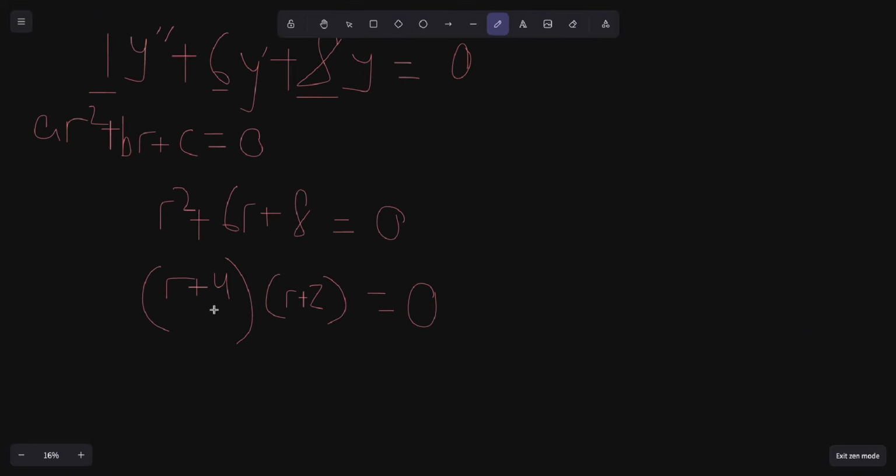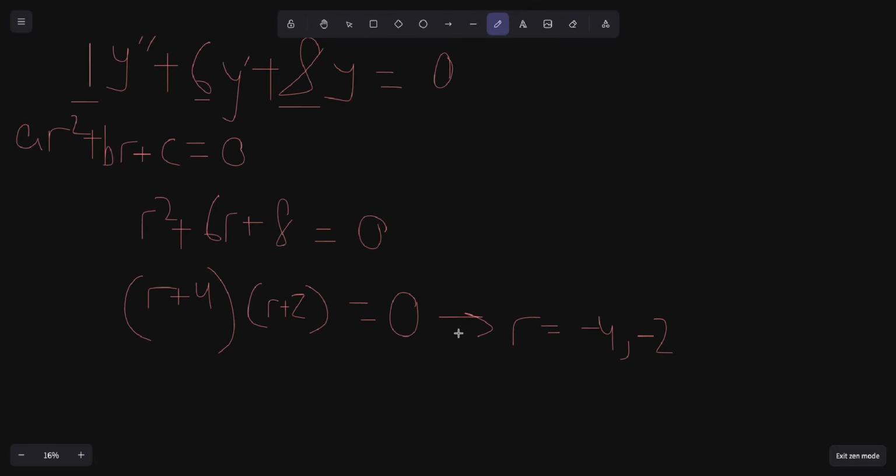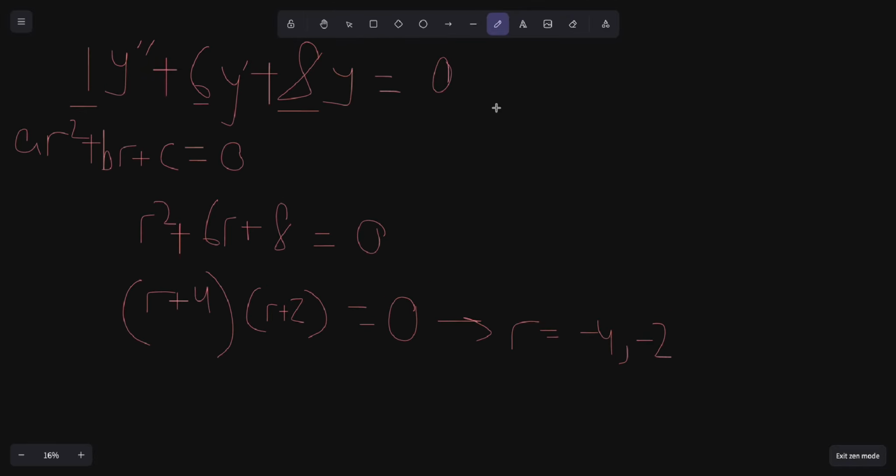And so what we can do is say that r is equal to -4 and -2. And so the general solution is going to be y is equal to, and we can combine these two solutions, c1 times e to the -4x plus c2 times e to the -2x.